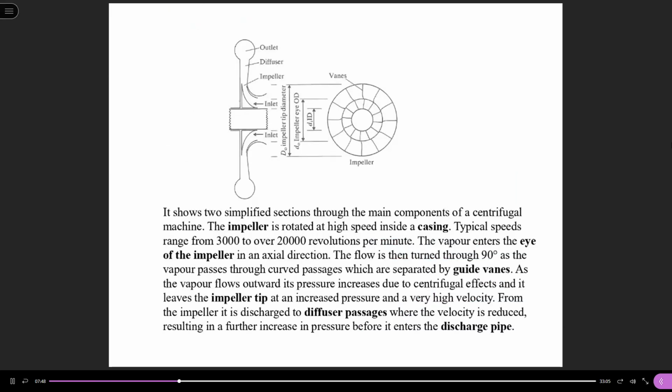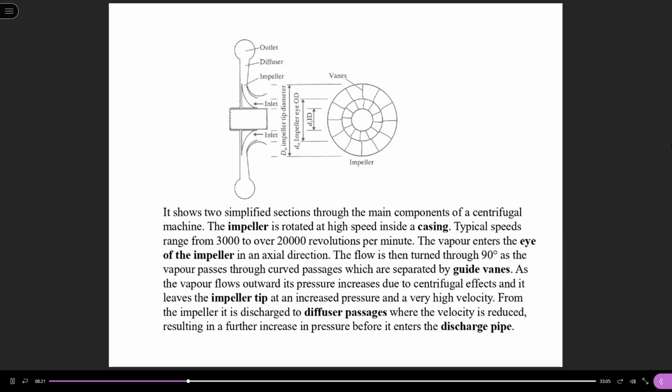So now let's look at the working principle. Before we have any questions related to the centrifugal compressor, I think it's important for us to understand the working principle of the centrifugal compressor. In fact, for the centrifugal compressor, the pictures here show two simplified sections through the main components of a centrifugal machine.